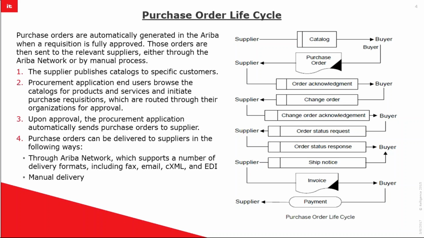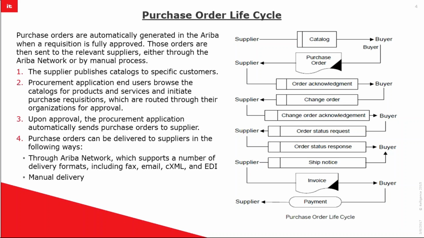So basically simple catalogs are uploaded by suppliers to the network, and from there they will be sent to the buyer. So the buyer has to approve those catalogs. Approving in the sense of whether the price is okay or not, whether these catalogs are relevant to my organization or not. So he has to check those and approve those catalogs.